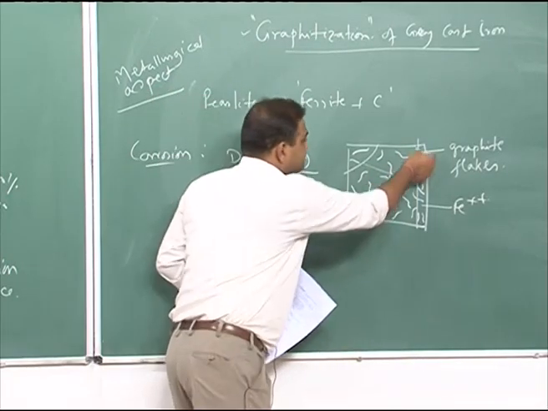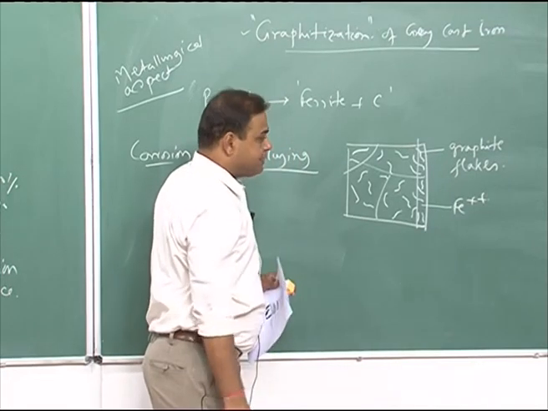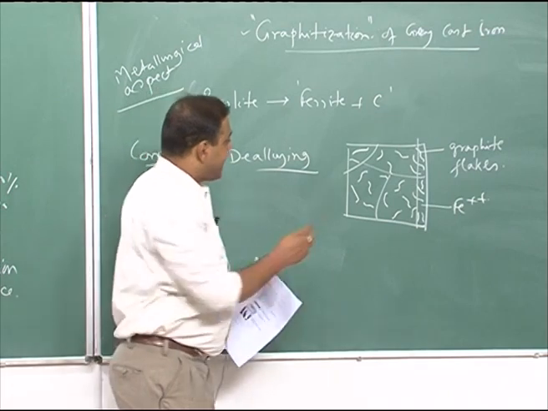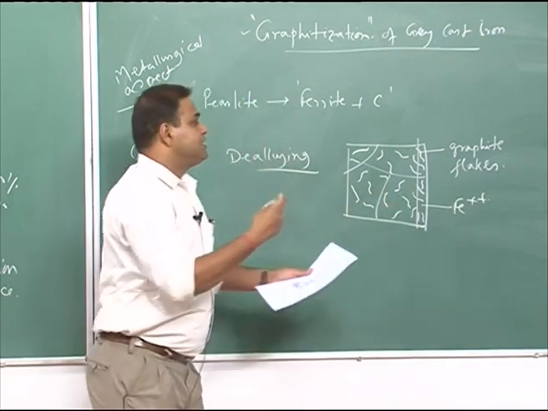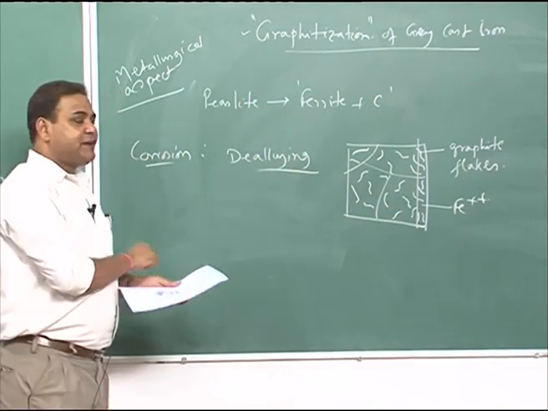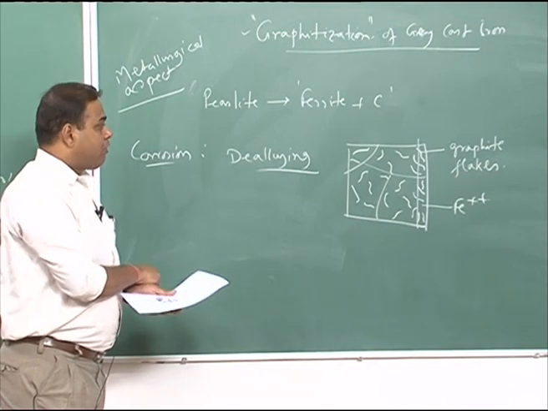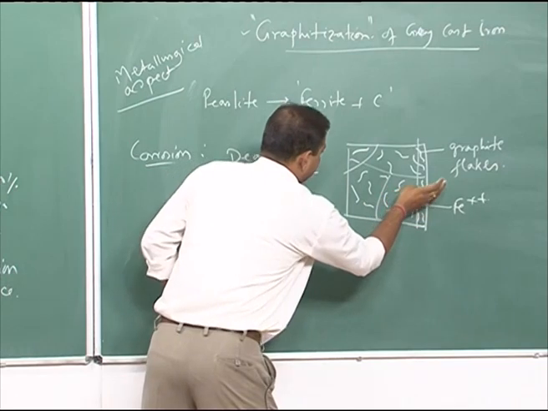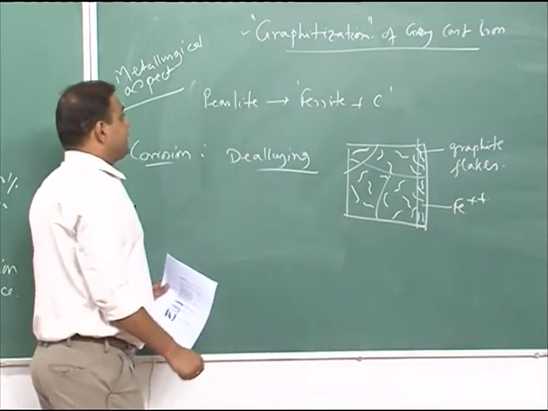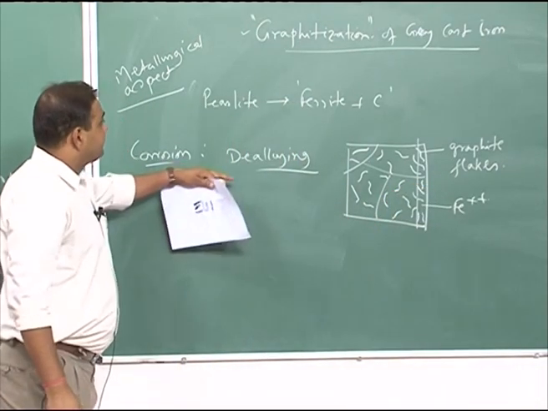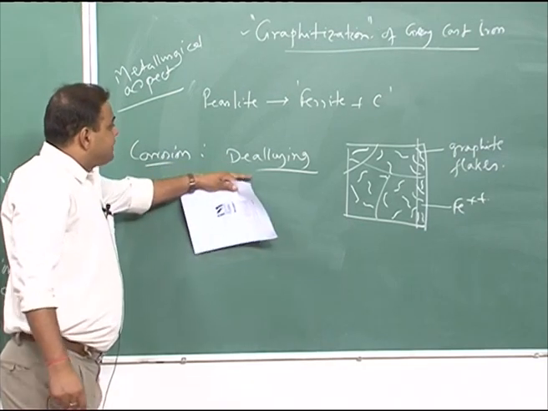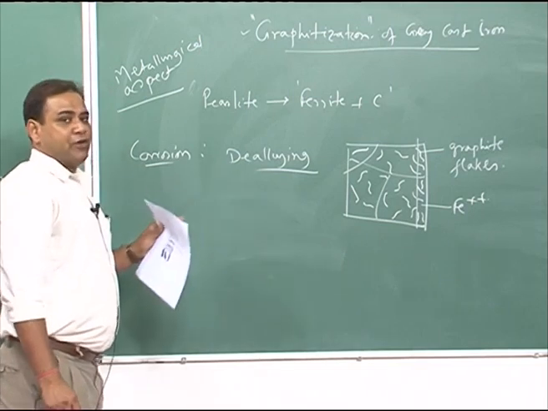This residue is a loose mass, and that loose mass gives a detrimental effect to the mechanical property of the grey cast iron. This is the bad part of graphitization of grey cast iron in corrosion fundamentals, where it happens because of dealloying.